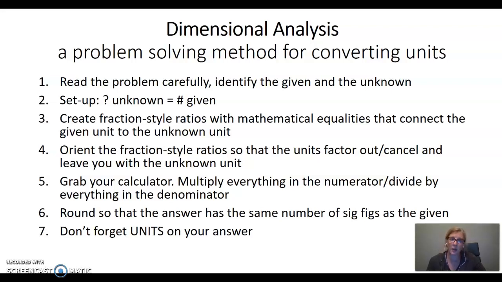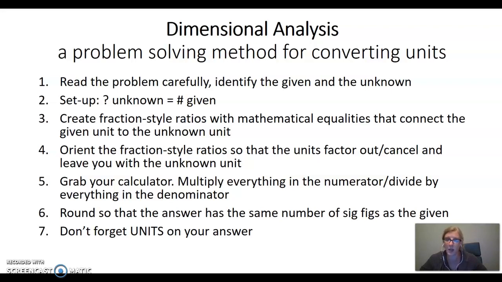And then we're going to create what are known as fraction style ratios. These are the mathematical equalities that we use to compare two units, that connect the units. So instead of saying 100 centimeters is equal to 1 meter, we would make that into a fraction where 100 centimeters could be in the numerator and 1 meter could be in the denominator, or vice versa.